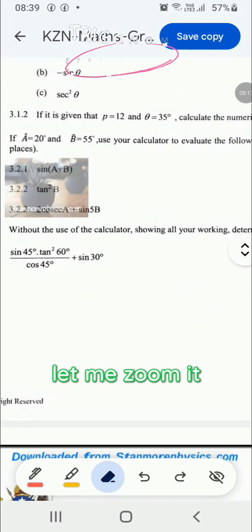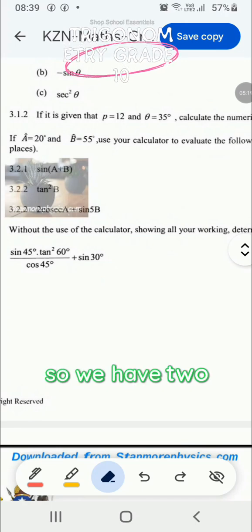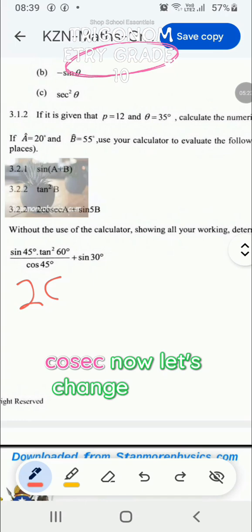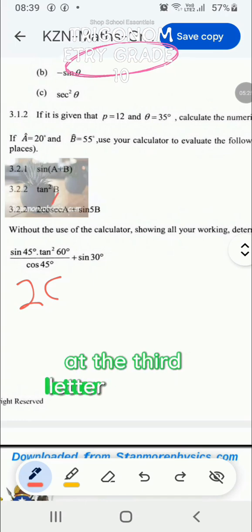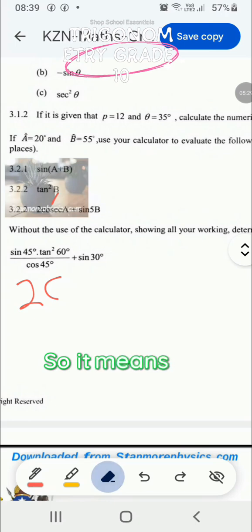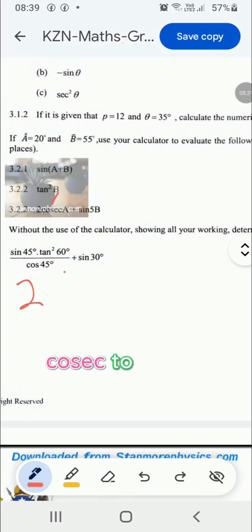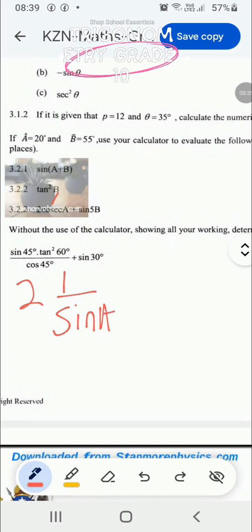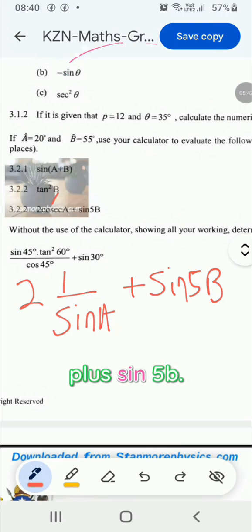Let me zoom it. So we have 2 cosec. Now let's change cosec. Let's look at the third letter. It says S. Cosec S. So it means we change it from cosec to 1 over sine A plus sine 5B.